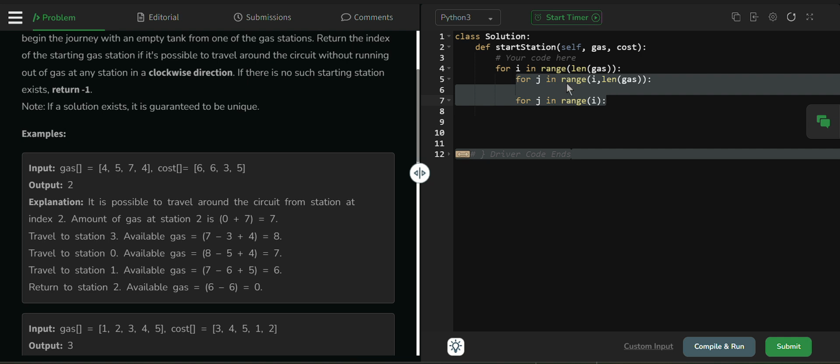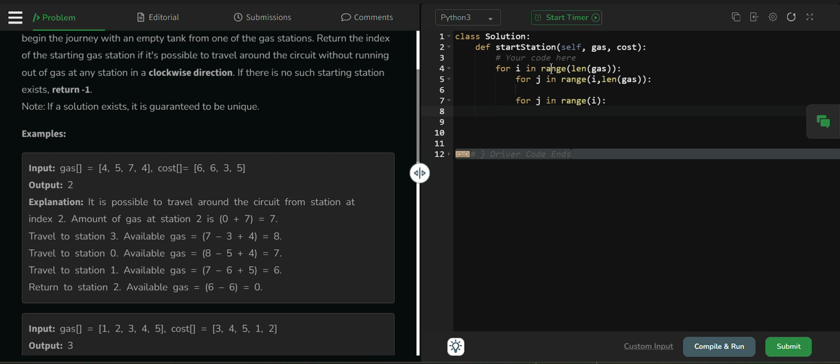I check whether this index i is suitable for starting or not. If my net amount of gas is negative, that means it fails. Otherwise, it will return i.